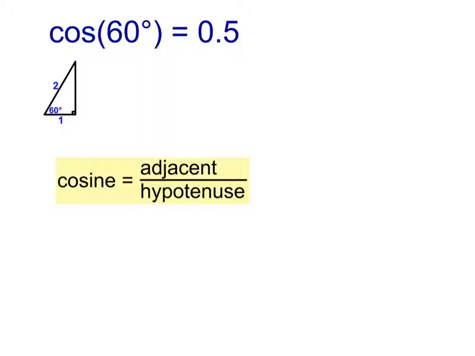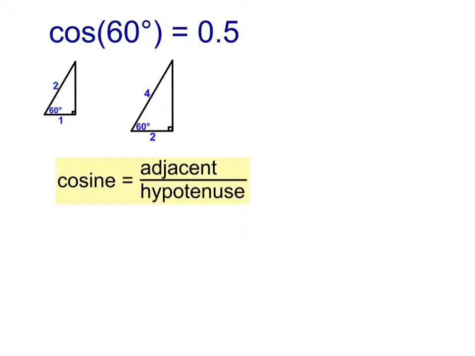So like if I take this particular triangle here, the adjacent is the 1. So that means this would equal 1 over the hypotenuse, which in this example is 2. Notice cosine equals 1 over 2. What does 1 over 2 equal? 0.5, right?